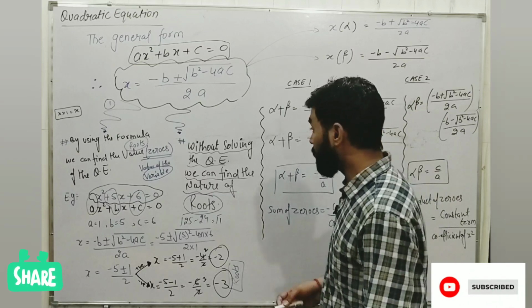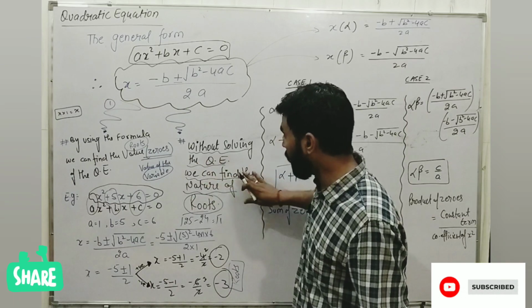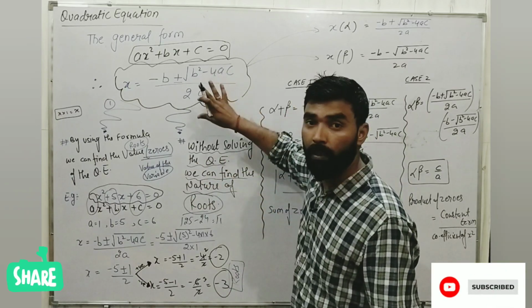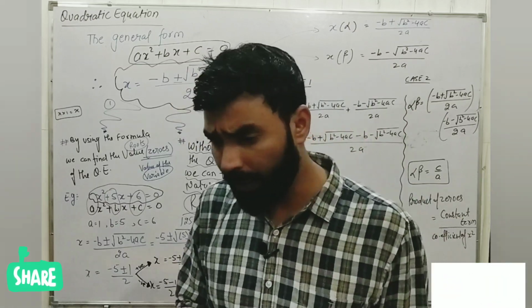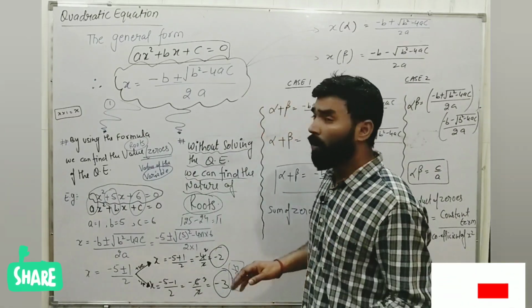So what we are going to understand is that without solving the quadratic equation, we can find the nature of the roots, and that also will come from this formula only. But the whole formula will not tell the nature of the quadratic equation.